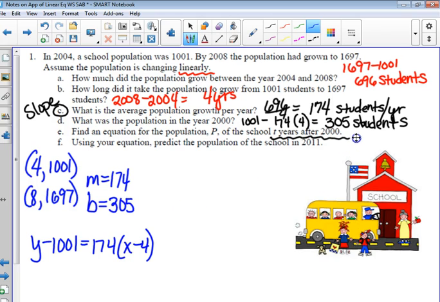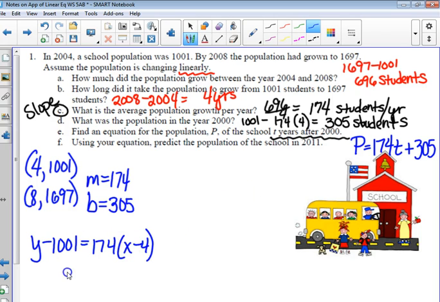So what is our answer? The population, if you wrote it in y equals form, I would be fine with it. I don't care. But it says to use a p, so I'm going to use a p. P equals 174 students per year. What are we going to use for x according to them? T years, plus, where did we start? 305 in the year 2000, because then T is how many years after 2000.